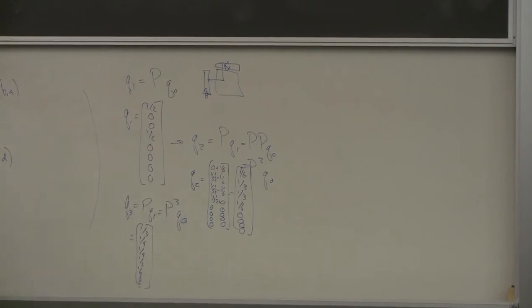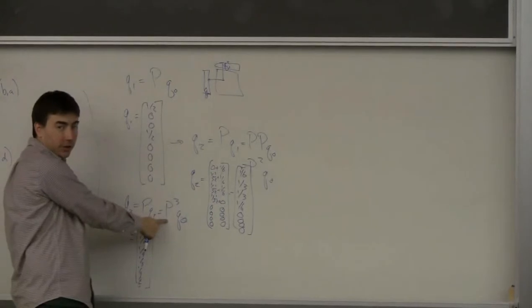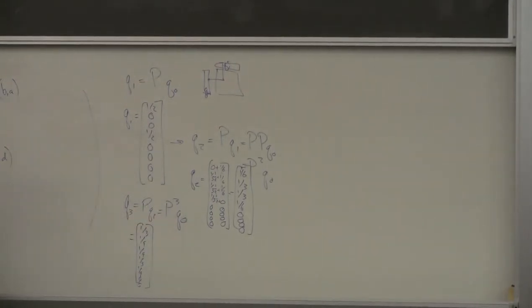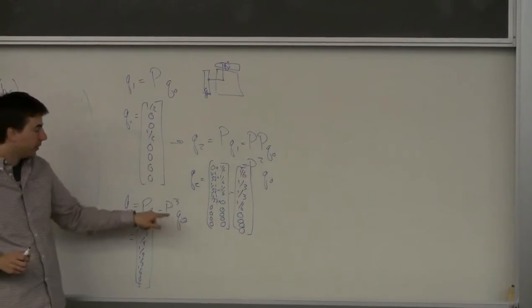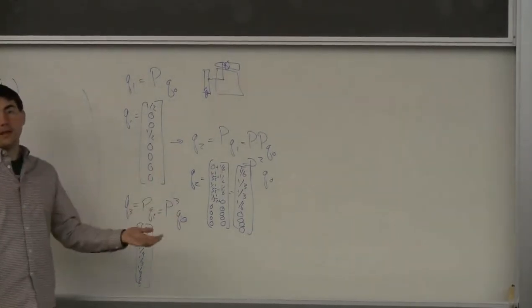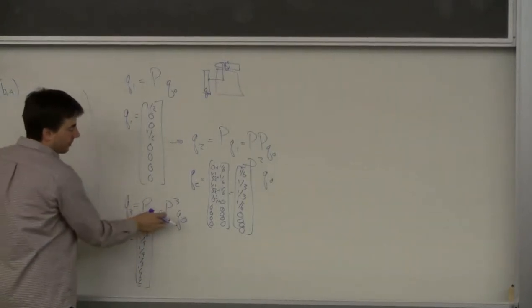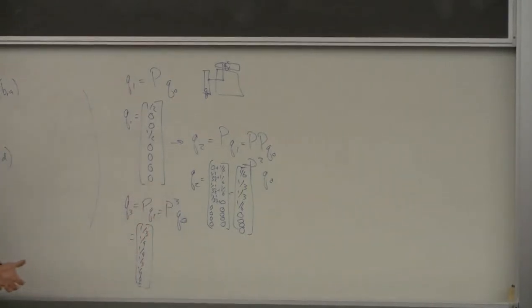Note that I wrote this out as this matrix to the 3rd power. What this means is that if I wanted to, I could have just said that after Q0, there's this single matrix P cubed that says where I might be after 3 steps. I can just multiply Q0 by P cubed, and I automatically know where I am after 3 steps.